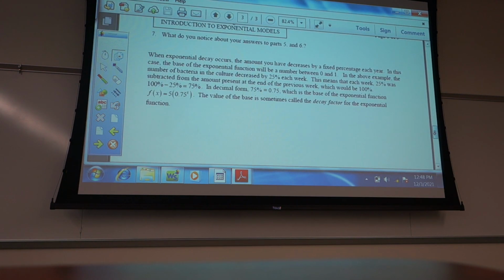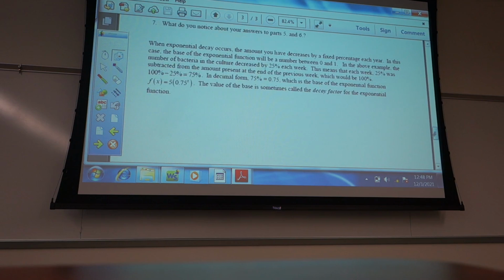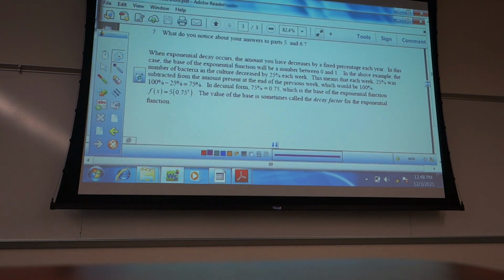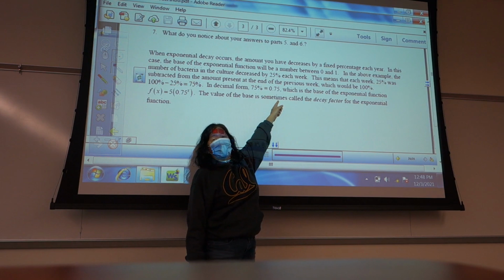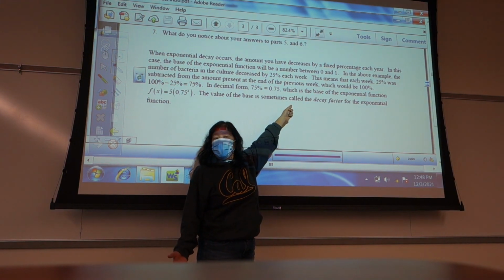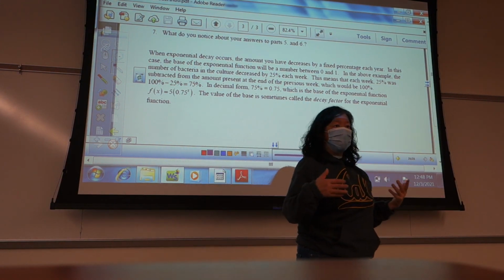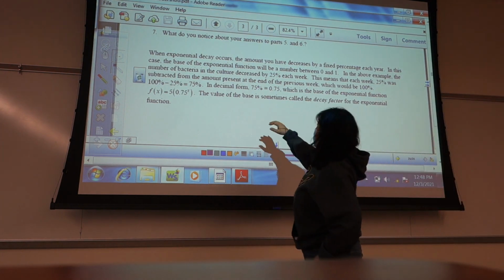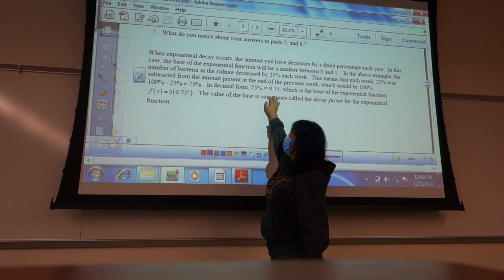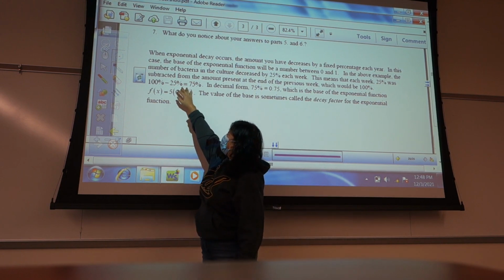So what we're realizing is that when exponential decay occurs, we decrease by a fixed percent each time, right? In other words, we only had 75% of what we had before. We lost 25%. Does everyone see what I'm saying here? Yes? No? Okay, so each time we only had 75% of what we had before, so we lost 25%.